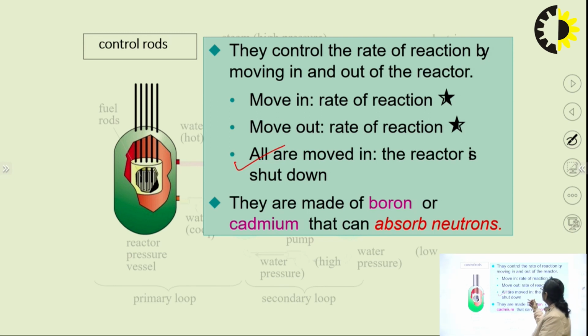The manner in which they are taken out, the amount by which the control rods are taken out of the reactor, is indicative of the rate of reaction taking place inside the reactor. The control rods are made up of boron or cadmium, and that can absorb the neutrons. So control rods actually work upon the process of neutron capture.